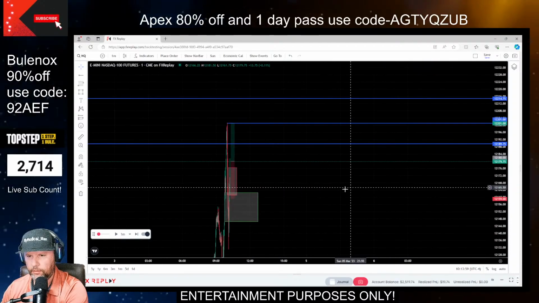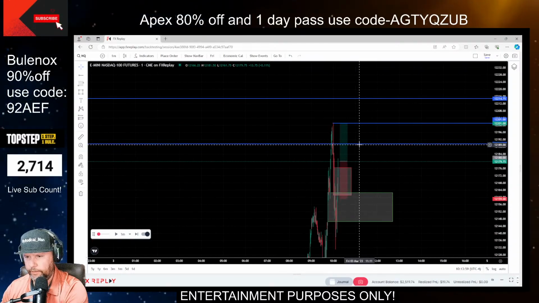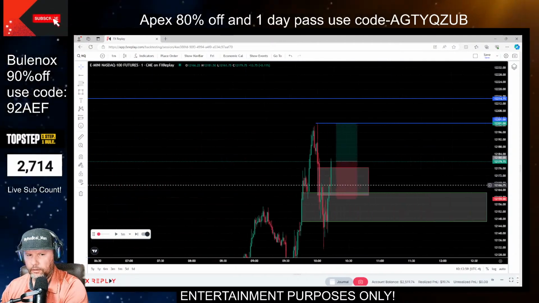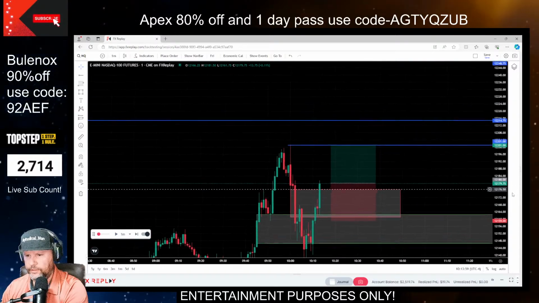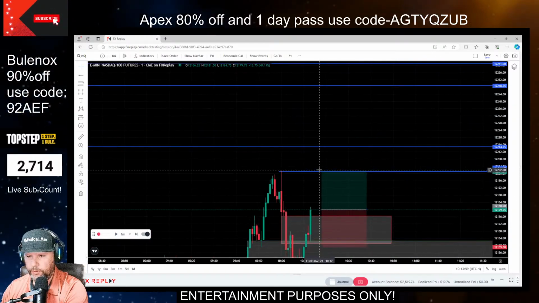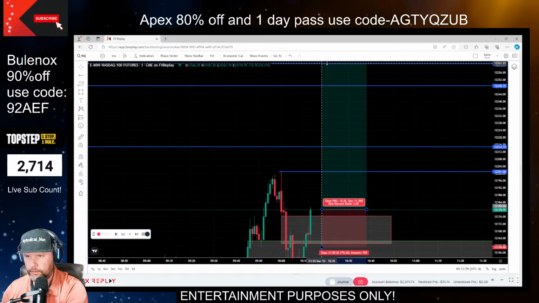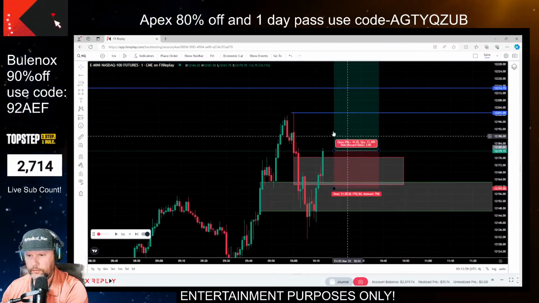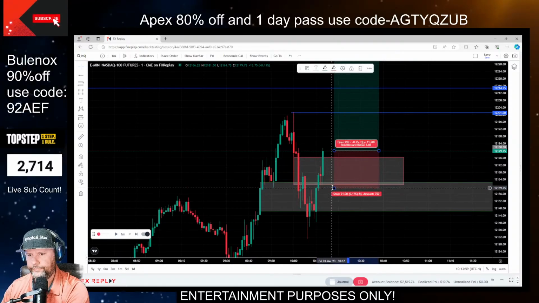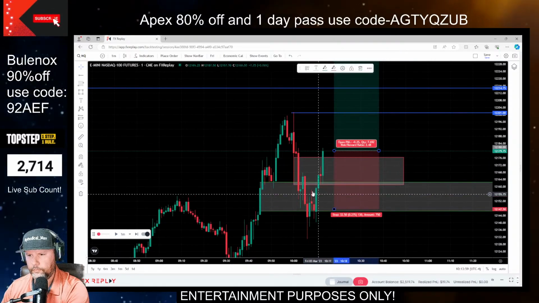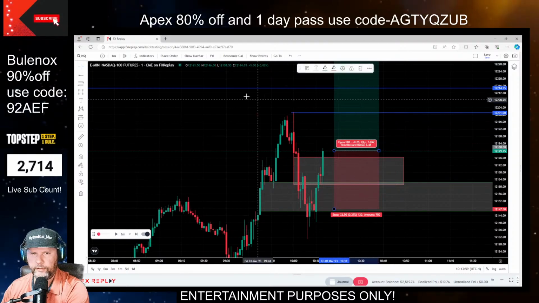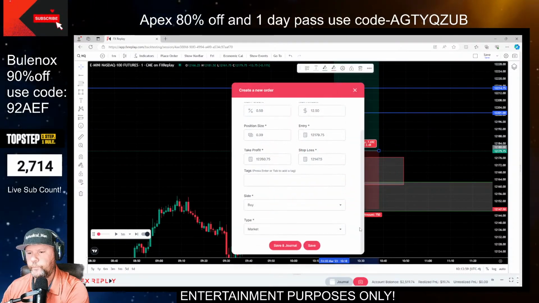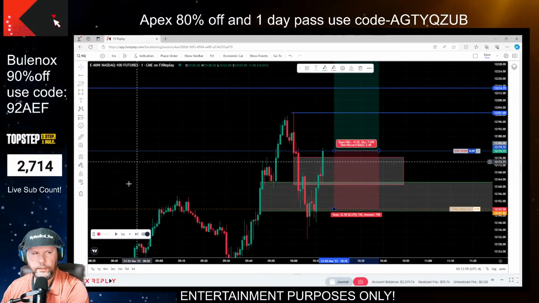We might scale. All right, that one's obviously already been hit. But we may scale a little bit as we hit those other ones there. So let's go ahead and put this out to make our risk reward better. There we go. So about 2.5 to 1. And let's roll.